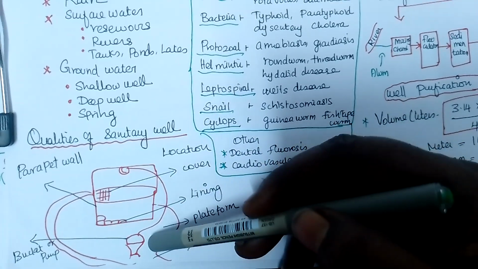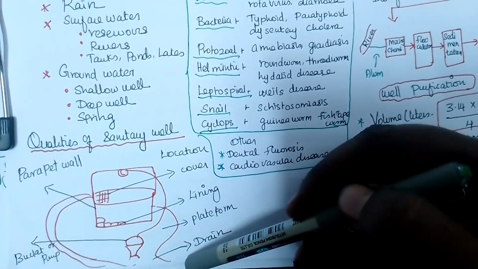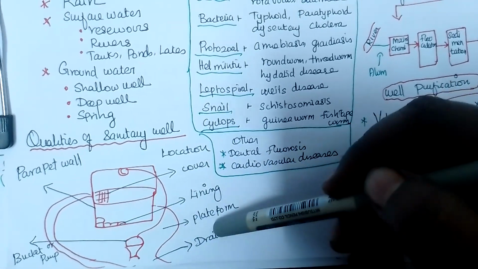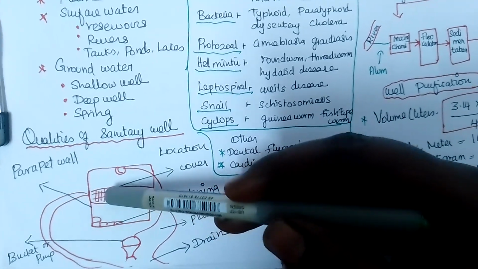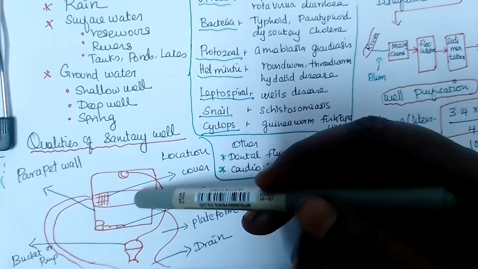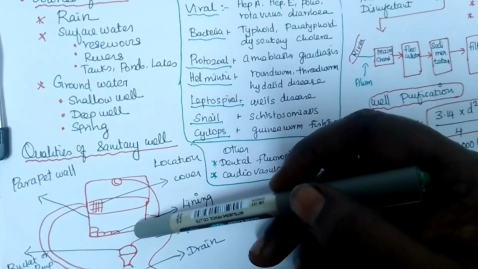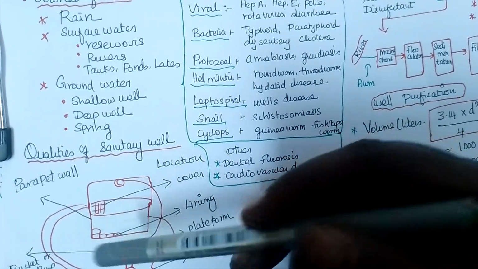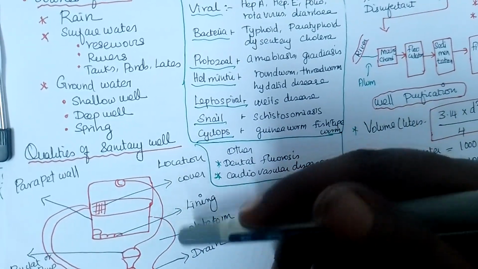And the platform should be sloped. When you take the water, there should be a drain, and a bucket or a hand pump should be there, and it should have a cover. In our house we have an overhead tank as a source of water, we don't have a well. One time a monkey opened that overhead tank and was giving a bath to a small puppy.